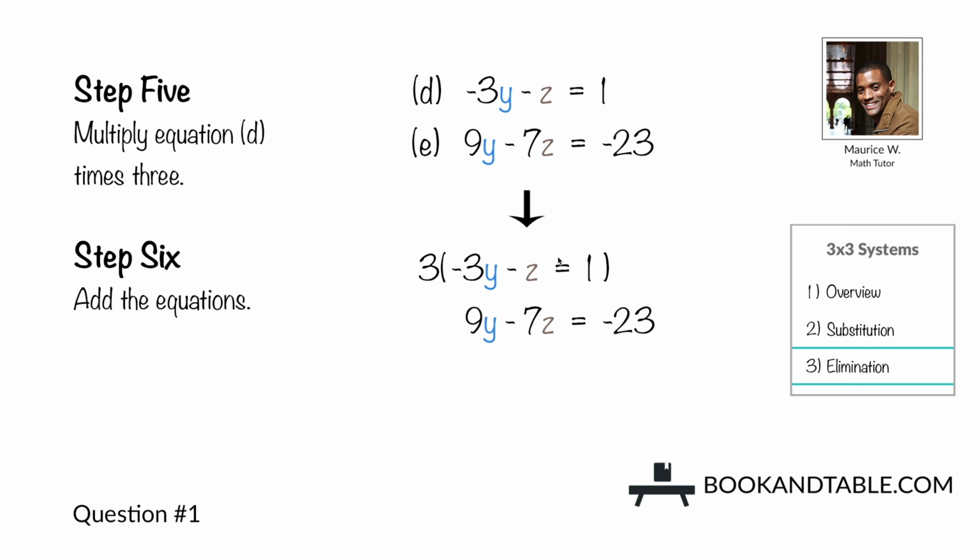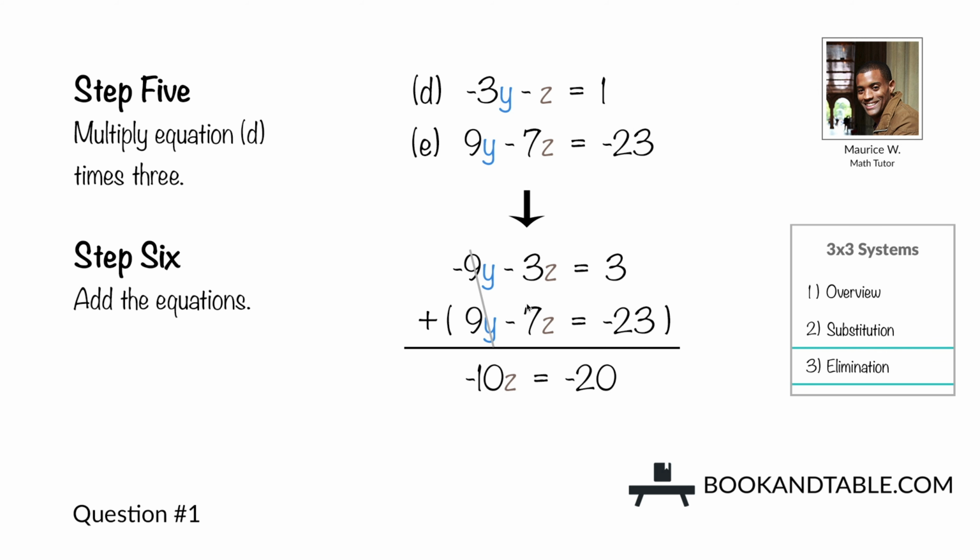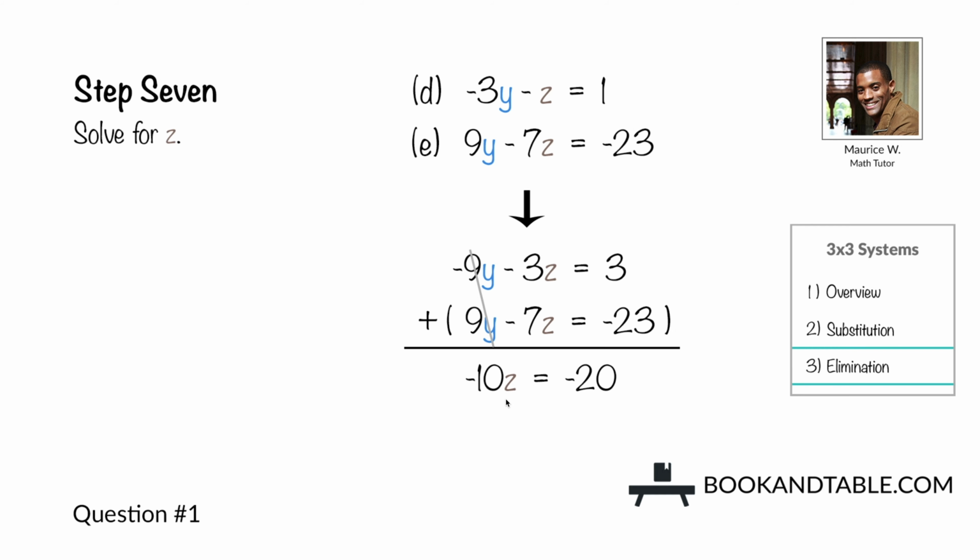And 3 times 1 will give us +3. And now step 6, add the equations. That will allow us to eliminate y, giving us -3z minus 7z, which is -10z, is equal to 3 minus 23, which is -20.